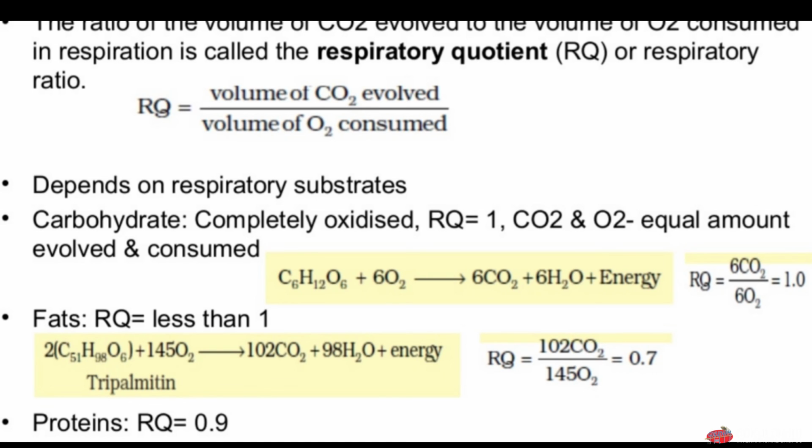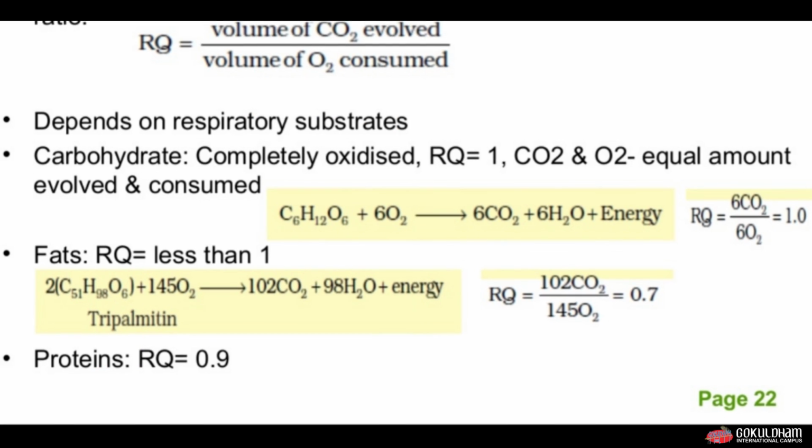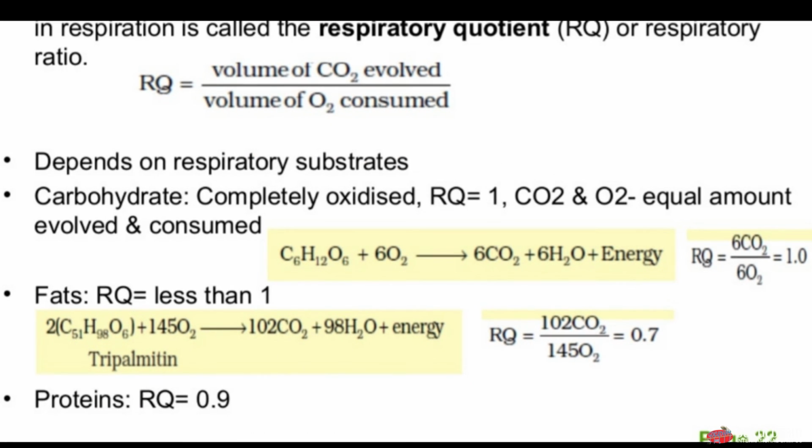For fats, the respiratory ratio is less than 1, about 0.7. In the respiration of fats, 102 carbon dioxide molecules are evolved for 145 O2 consumed. And the ratio for protein is 0.9.